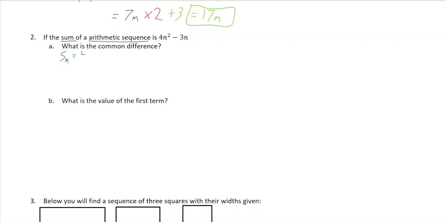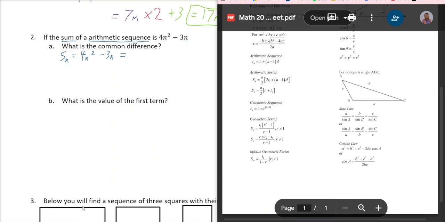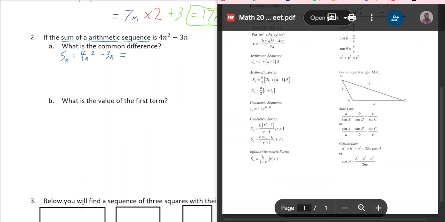So the series is 4n squared minus 3n. Okay, now the formula for an arithmetic series is one of two options here. Now we don't know tn, we don't know t1, and we don't know d. So which one are we going to do? Well, we're looking for the common difference. So let's find that first one.